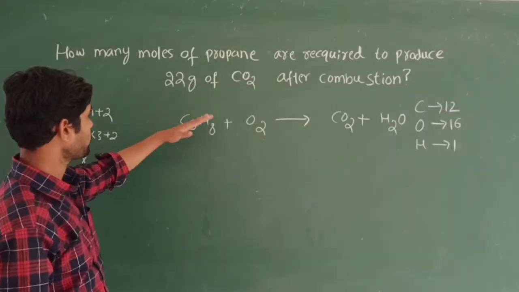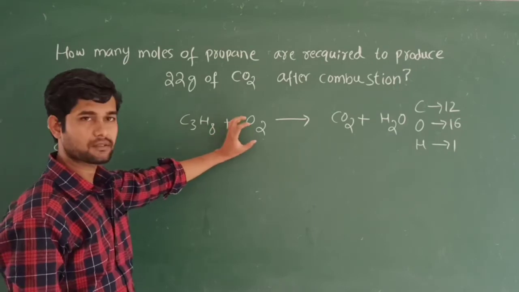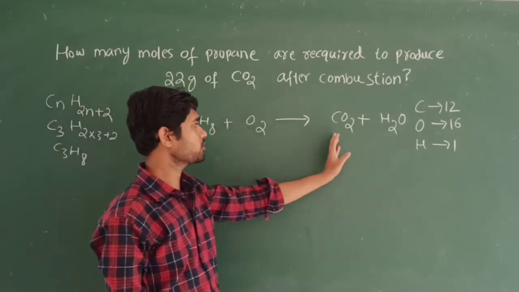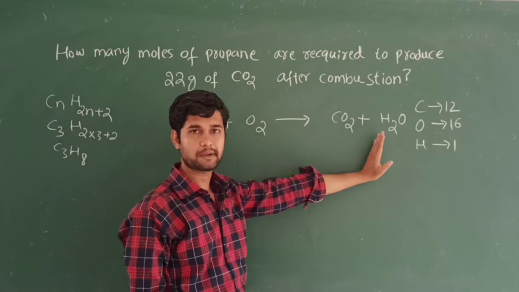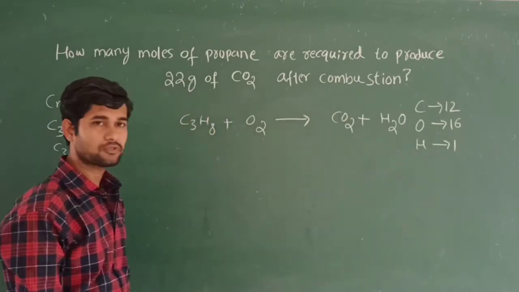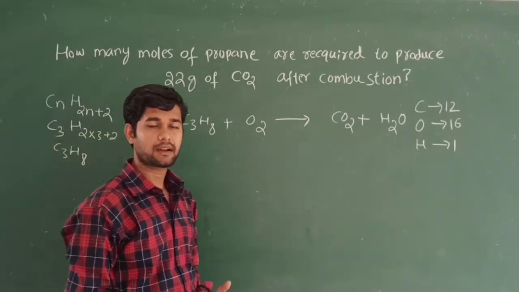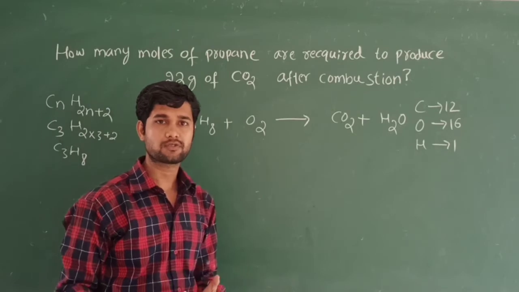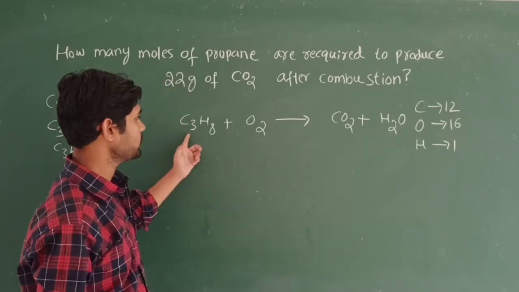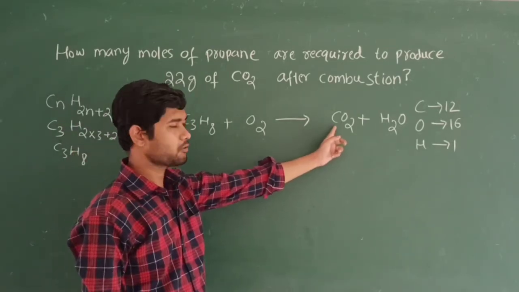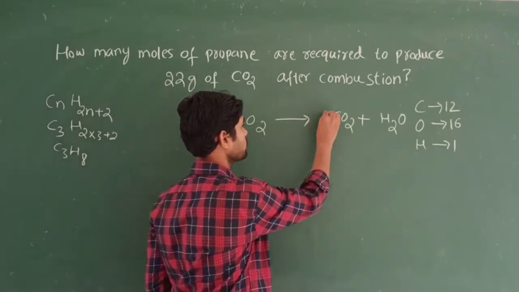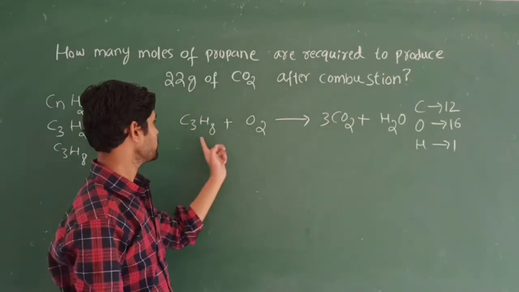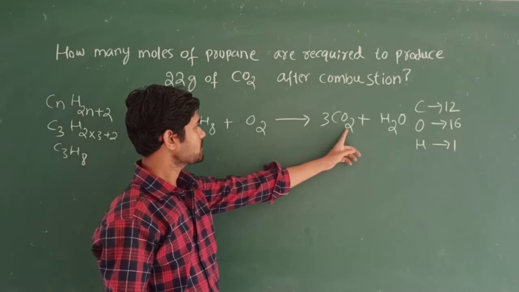Propane undergoes combustion, combining with oxygen to form carbon dioxide and the respective water molecules. We should check whether the atoms are correct according to conservation of mass. C3 will be there, so here carbon is 1, so I am going to multiply by 3. So 3 carbon, now it is balanced. So now it becomes 6 oxygen.